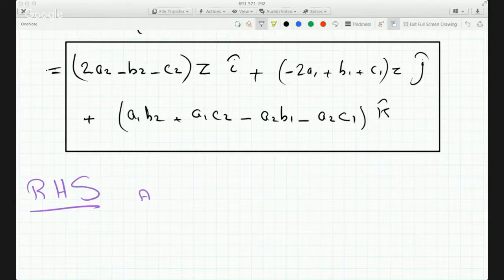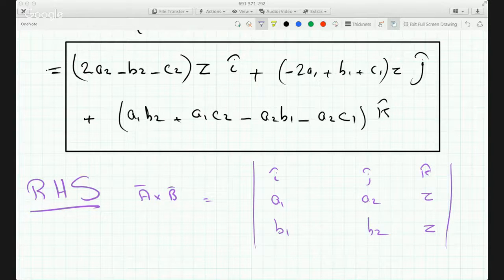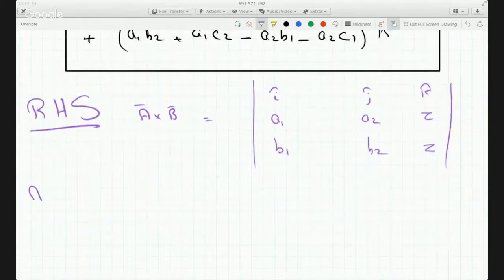So a cross b. So this is i, j, k, a1, a2, z, b1, b2, z.